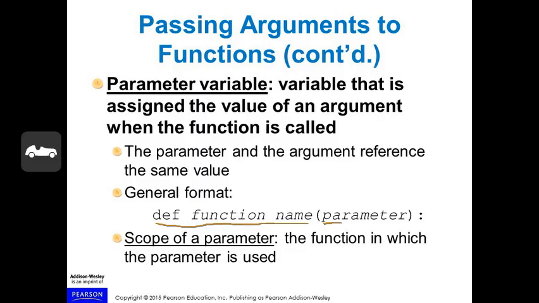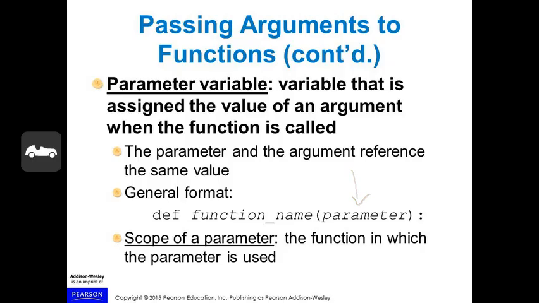So in the parentheses, you can define the parameters that this function will accept. So when you call this function, you will need to pass some data to this parameter, and that data is called arguments. And at that time, the parameter and the argument will refer to the same value.